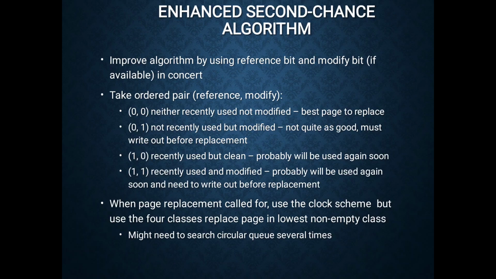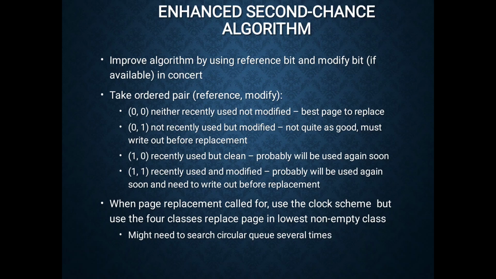The enhanced second chance algorithm improves the algorithm by using a reference bit and a modify bit, taken as an ordered pair. 0,0 means not recently used and not modified. 0,1 means not recently used but modified. 1,0 means recently used but clean. 1,1 means recently used and modified.